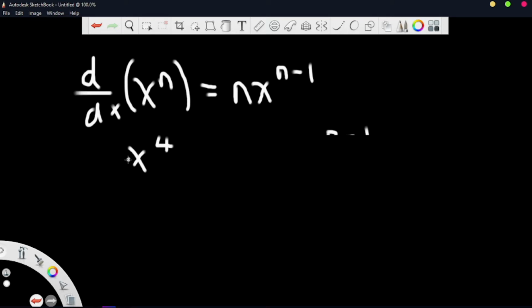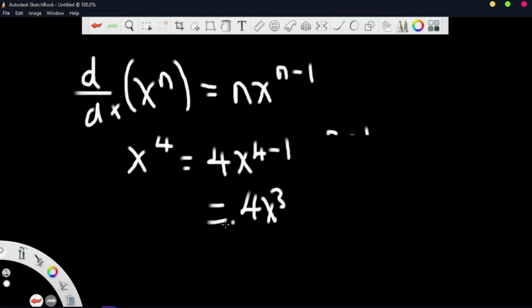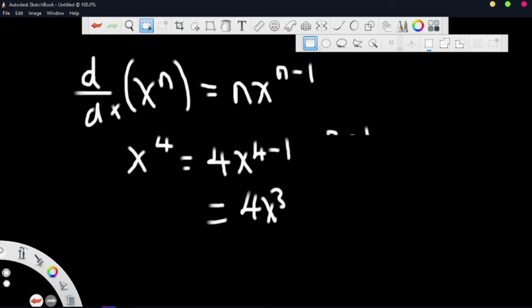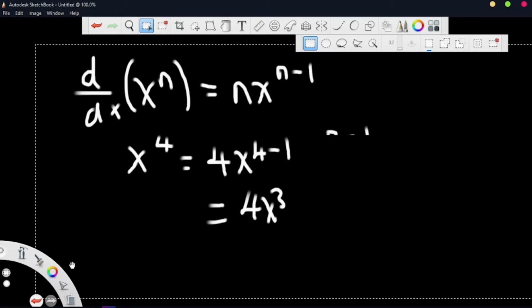Notice that my 4 will be multiplying my number, because there's a number 1 here, so this will be 4x, and then the 4 reduces by 1, so this will be just 4x to the third. Simple as that.